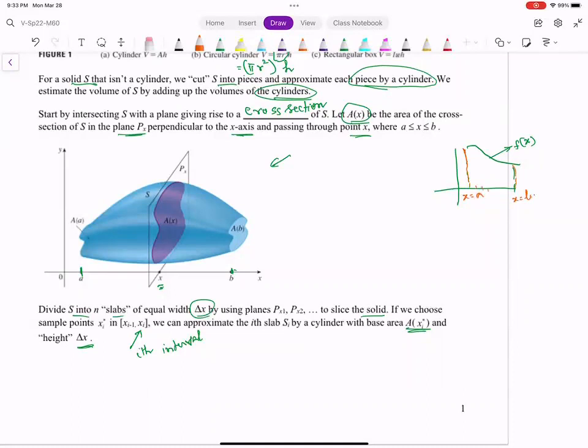We divided this interval into a number of partitions, and we considered the ith subinterval, and then we considered rectangles in each of these subintervals, and then we added all the areas of these rectangles.